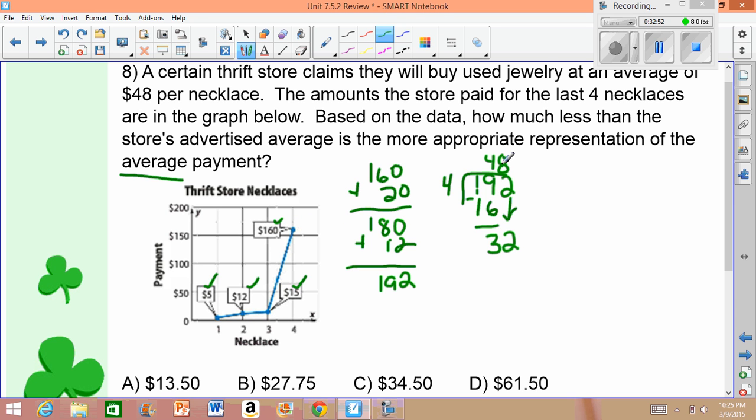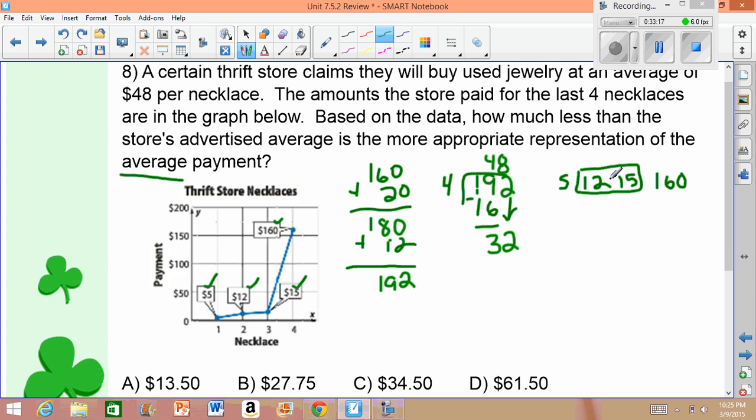So we used mean. We can also use median to check. If I were to use median, that would be 5, 12, 15, and 160. So remember, the median is the middle number. So we want the middle of 12 and 15.